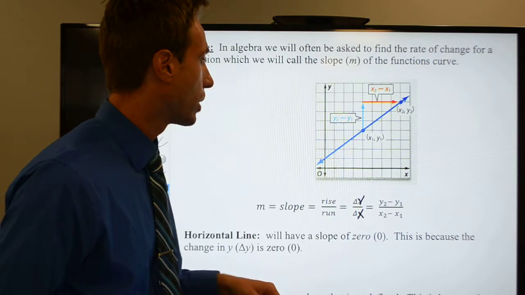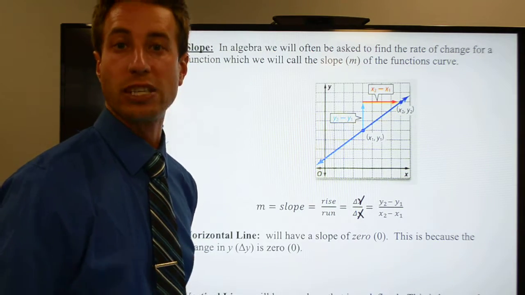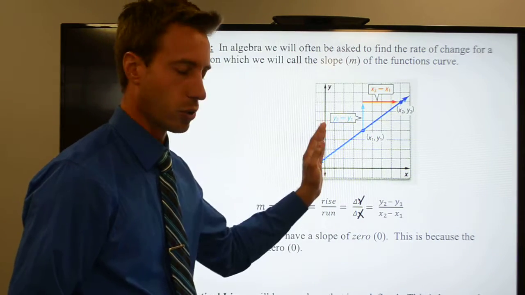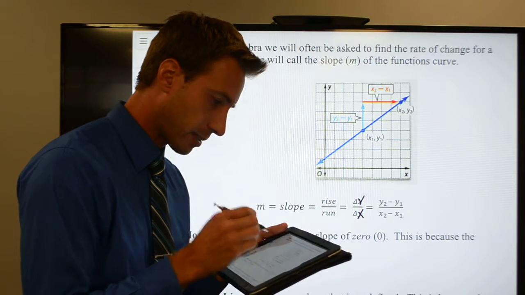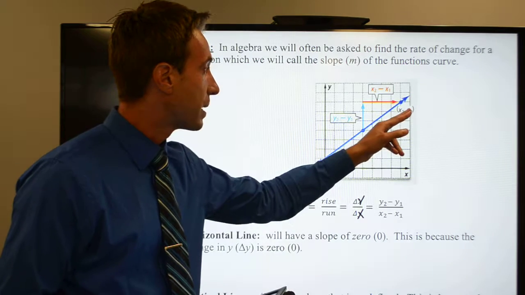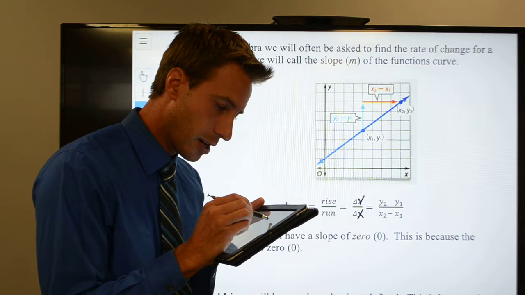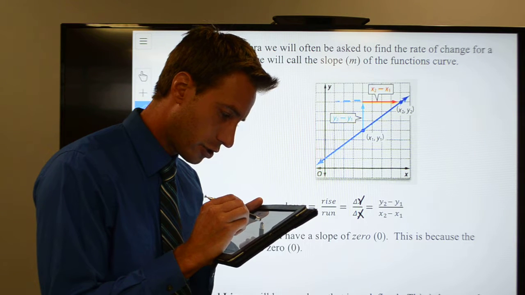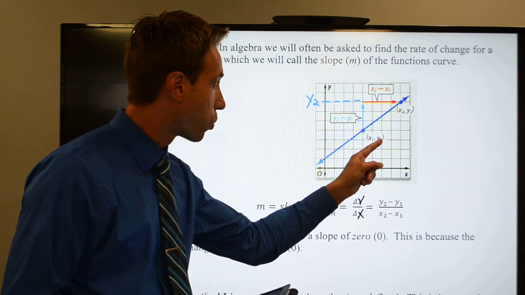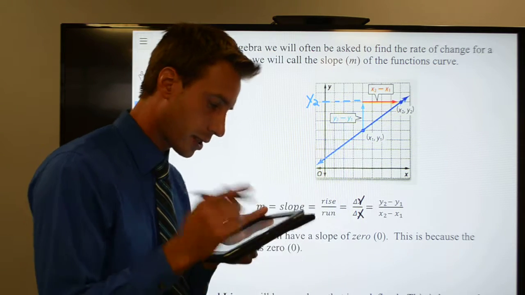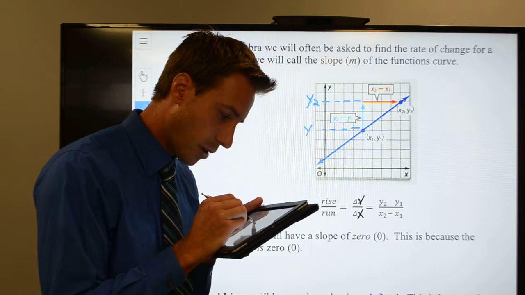But what you're going to be doing is finding the rise over the run. Now the rise is going to be on the vertical axis, or your y-axis. Let me draw these lines across. They have this point up here being y2, which means if I come all the way across to my y-axis, right there is y2. This point right here is y1, so if I come all the way across to my y-axis, right there is my y1.